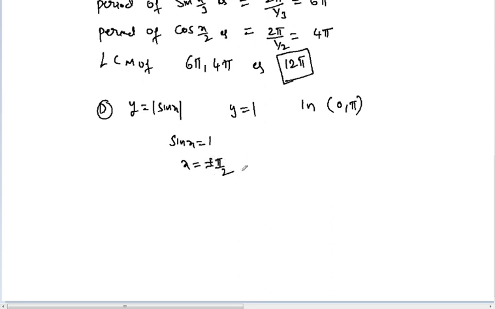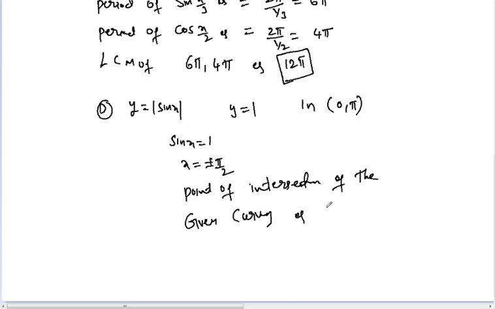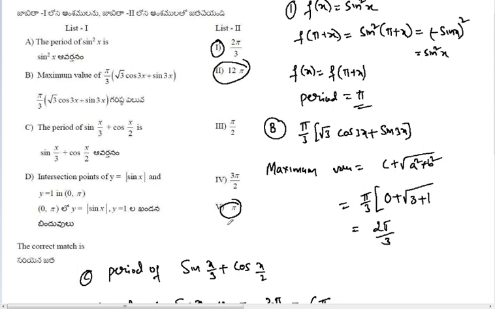So in 0 to pi, the point of intersection of the given curves is pi by 2. For this, third option for D, third option is correct answer.